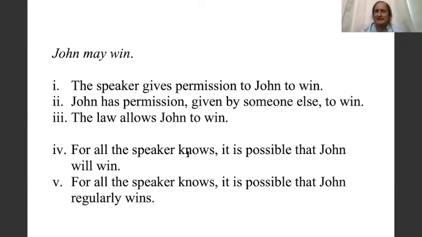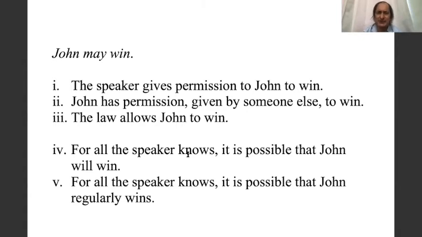So we'll start with the sentence, "John may win." And we ask, what kinds of things can it be used to say? And I'm grouping these a little bit together because ultimately we're going to put these together into a small number of groups. The first group is a group that involves some kind of permission. It could be the speaker giving permission to John to win.